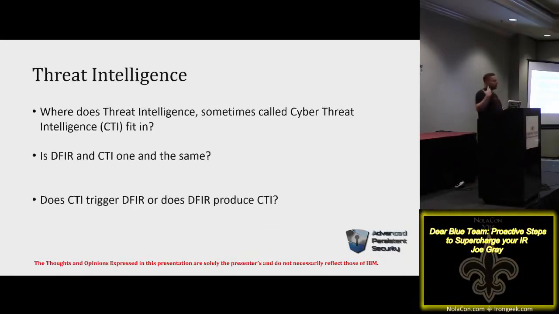So another thing that we hear about a lot is threat intelligence. What is that? That's a good question. But basically, it's just the act of understanding specific behaviors or atomic pieces of information such as an IP address, a mutex, a hash, something that tells you, hey, this has been associated with this.